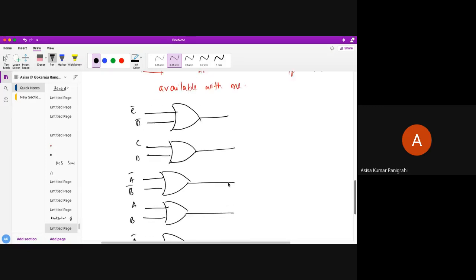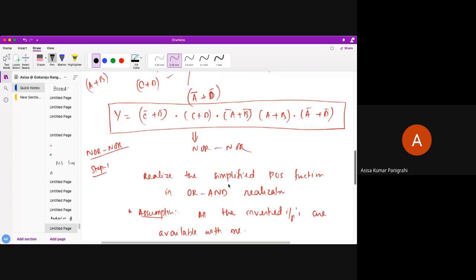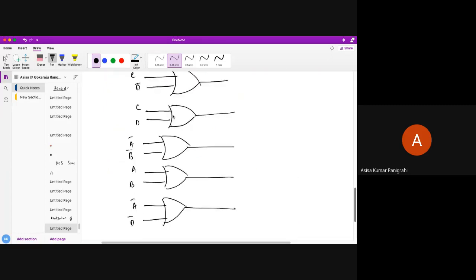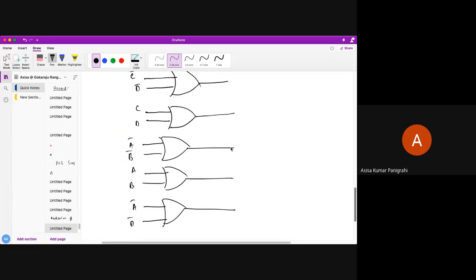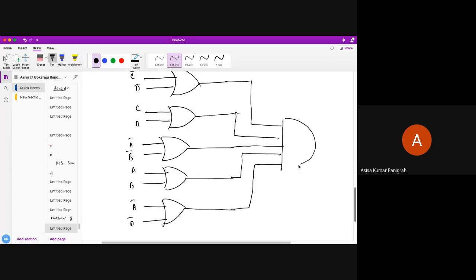Finally, in POS, the summed terms get multiplied, so we take all of these into one product, which is the AND gate. So you can take all these things and finally do an AND.